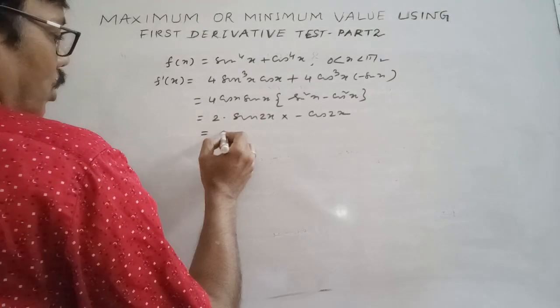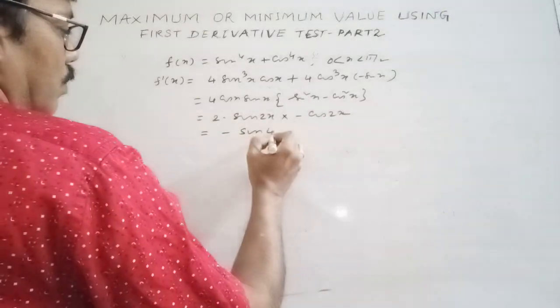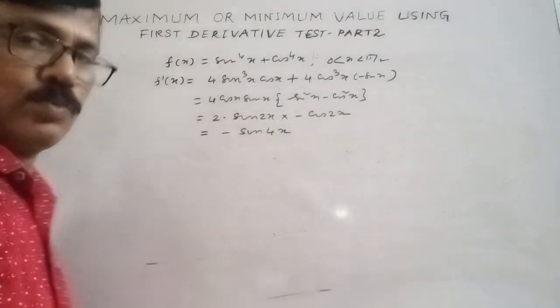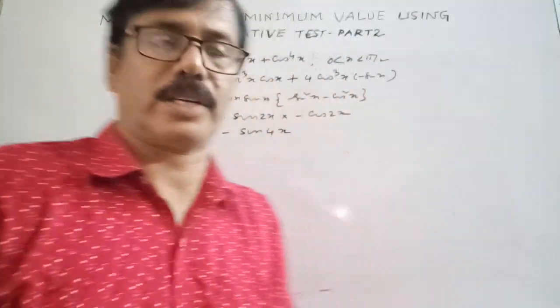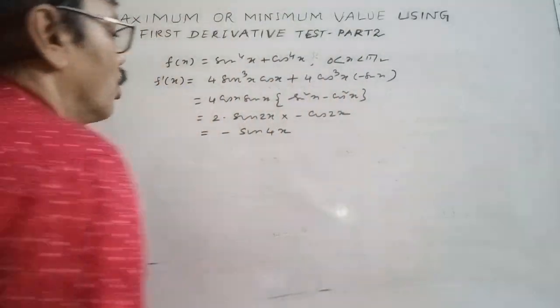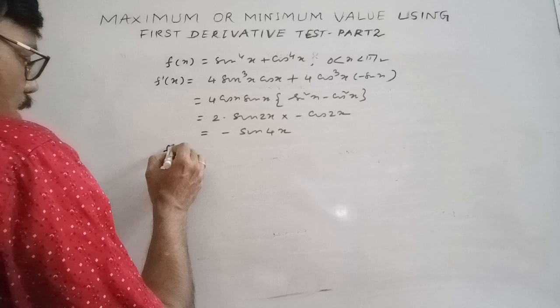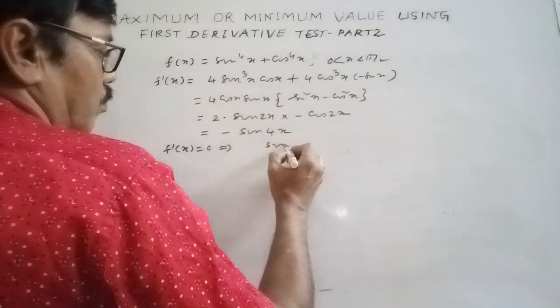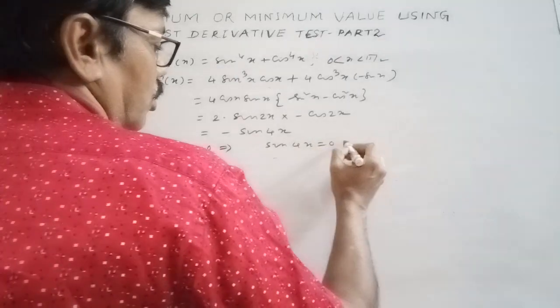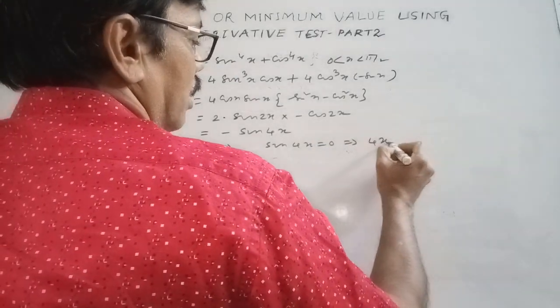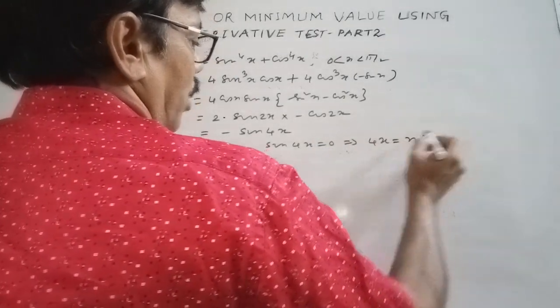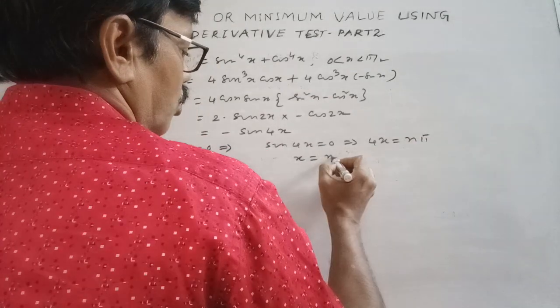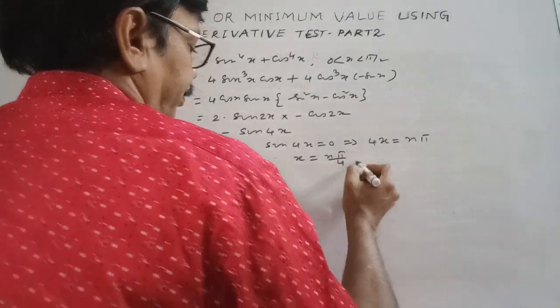So finally we get minus sine 4x. So f dash x equals 0 implies sine 4x equals 0. What is the general solution? 4x equals n pi, so x equals n pi by 4.